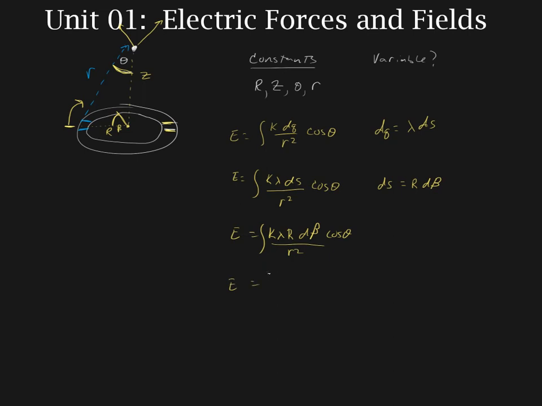So E is equal to the integral of k lambda R over r squared d beta. And now to get cosine of theta, we know that cosine theta is equal to the adjacent over the hypotenuse, which is z over little r.